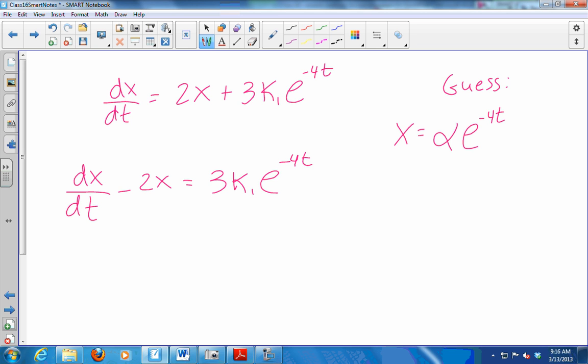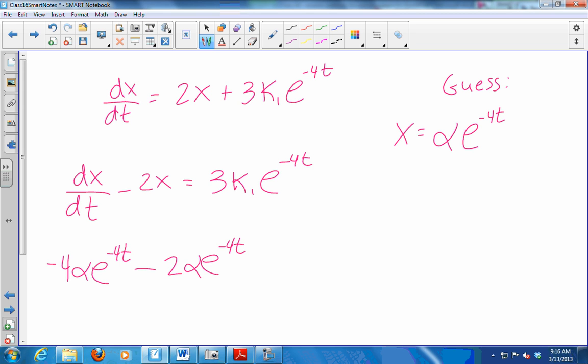So I'll just plug in x and dx/dt. dx/dt would be negative 4 alpha e to the negative 4t minus 2x, which is 2 alpha e to the negative 4t.